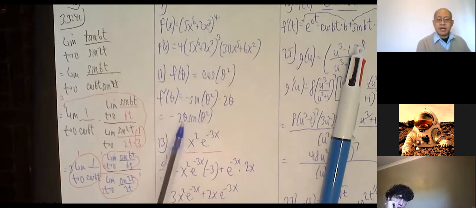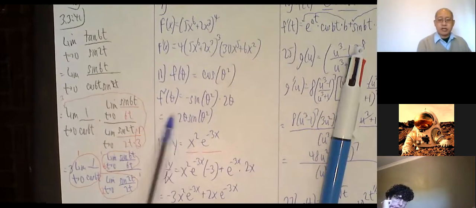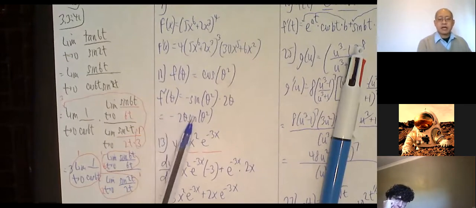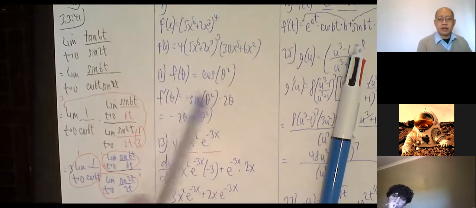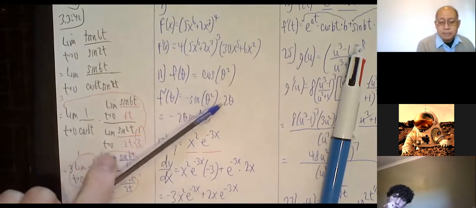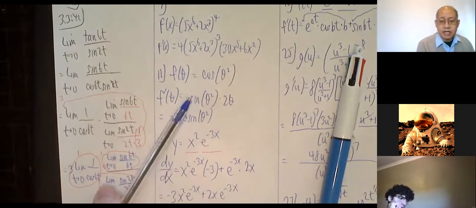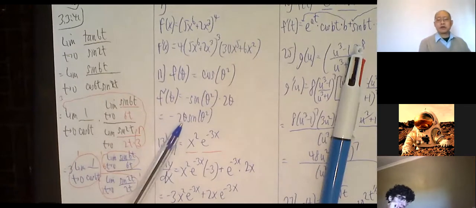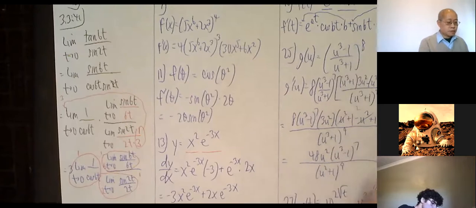Nobody's going to think that it's 2 theta times theta squared because there's a sign like this. So this very clearly means negative 2 theta times the sine of theta squared. So to avoid that confusion, to avoid the ambiguity, see, when you leave it like this, you wonder, does it mean this or does it mean I multiply this first and then I take the sine of all that? So this avoids all confusion. Okay, so that's that.